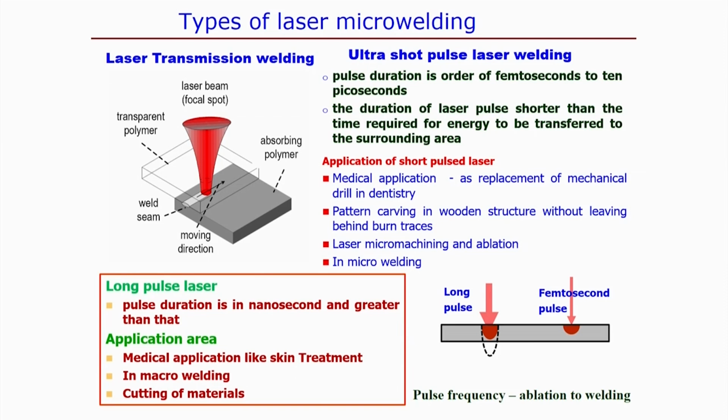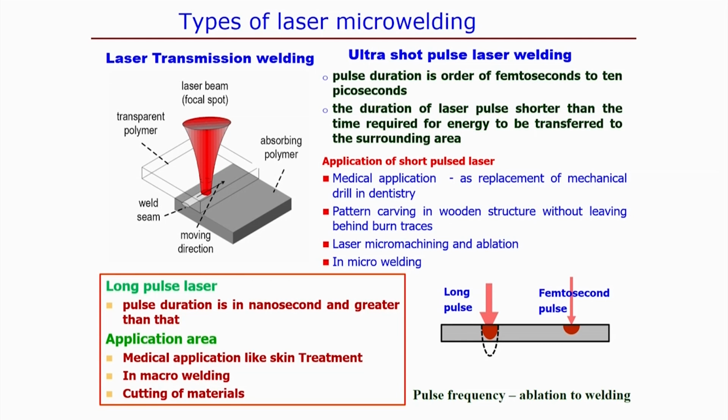So, for a femtosecond pulse laser, the duration of the pulse is around 10 to the power minus 15 seconds. Within such a small duration, the laser energy is transmitted to the substrate material.